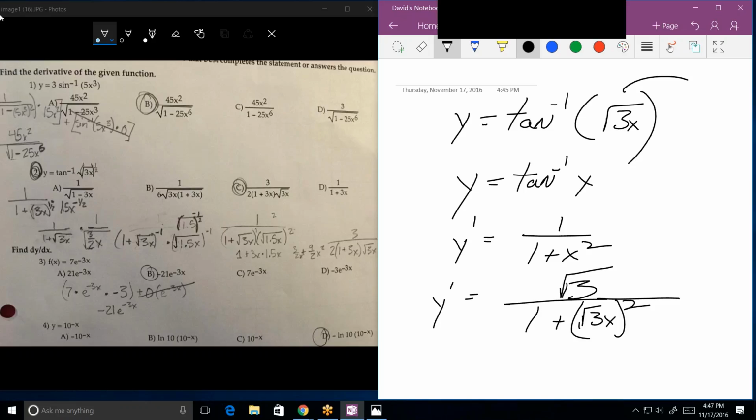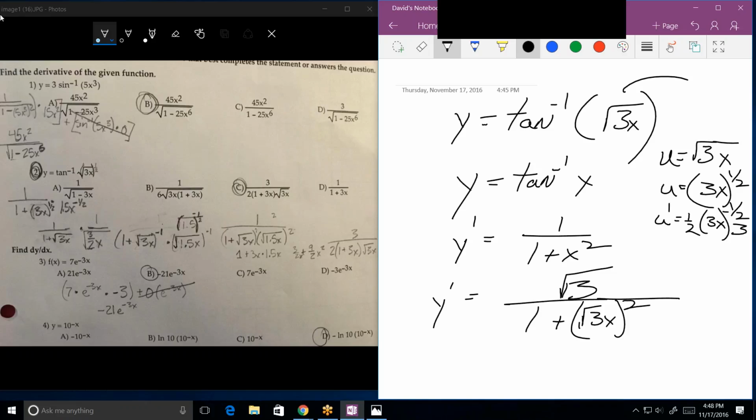In other words, the initial inside is u equals square root of 3x, which is u equals 3x to the 1/2. And the derivative of that, u prime, equals 1/2 times 3x to the minus 1/2, all times 3.